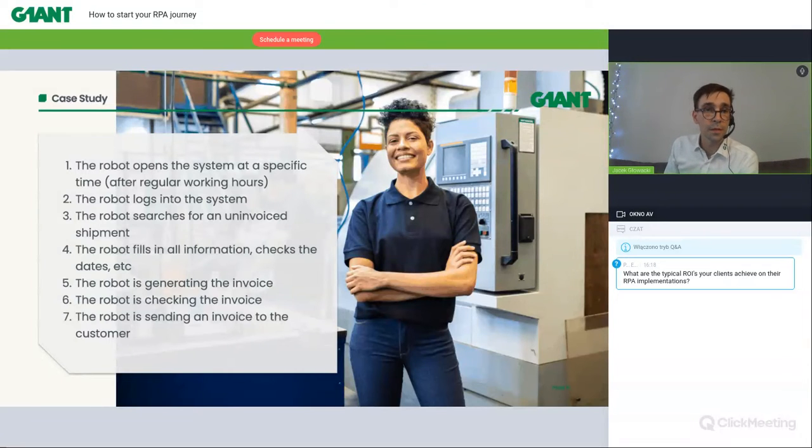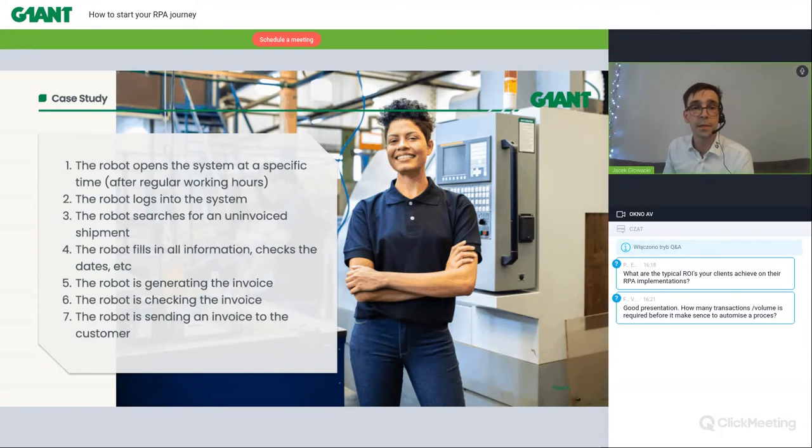After that, the robot fills in all information, checks the dates, etc. After that, the robot is generating the invoice. The robot is checking the invoice if it was generated in the correct way.